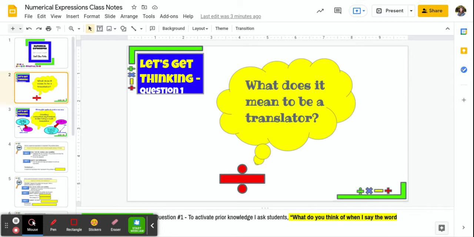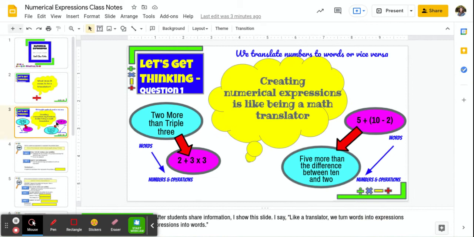Well, as mathematicians, we are going to be translators in this unit. So let's go to slide 3. We are going to translate numbers into words or words into numbers. Here we see with this blue bubble, 2 more than triple 3. This is written in word form, but we can translate it to numbers and operations like this.